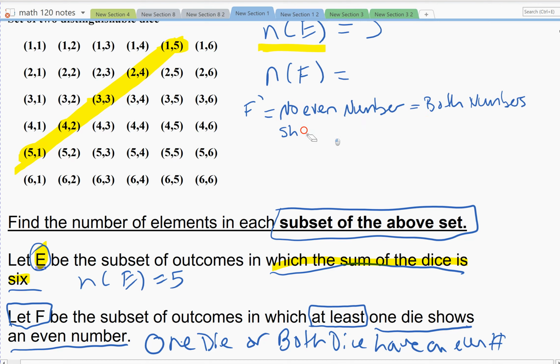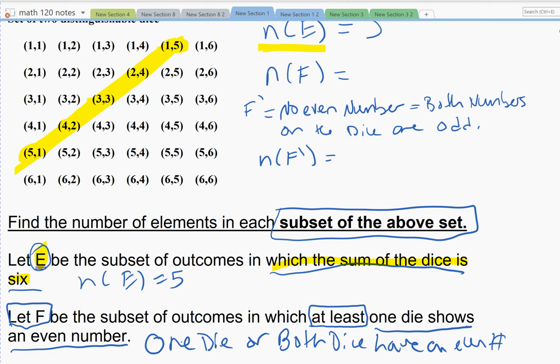Both numbers showing on the dice are odd. That's the easier set to count. And actually we need it anyway later on, when we'll be finding that set compared with another set. So the number not in F: both of my dice values are odd.